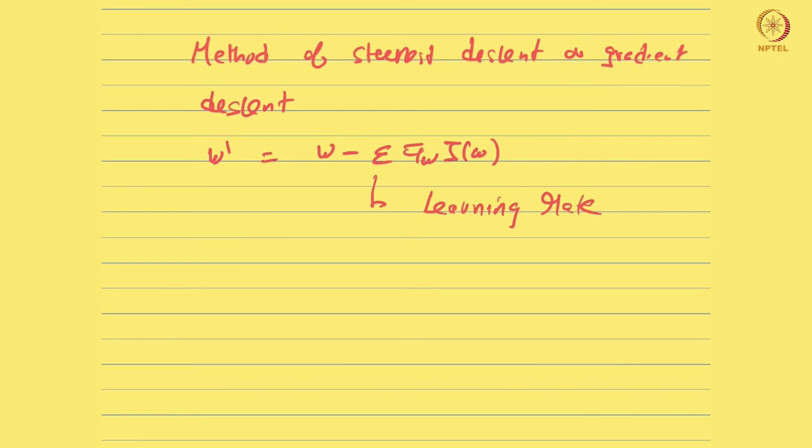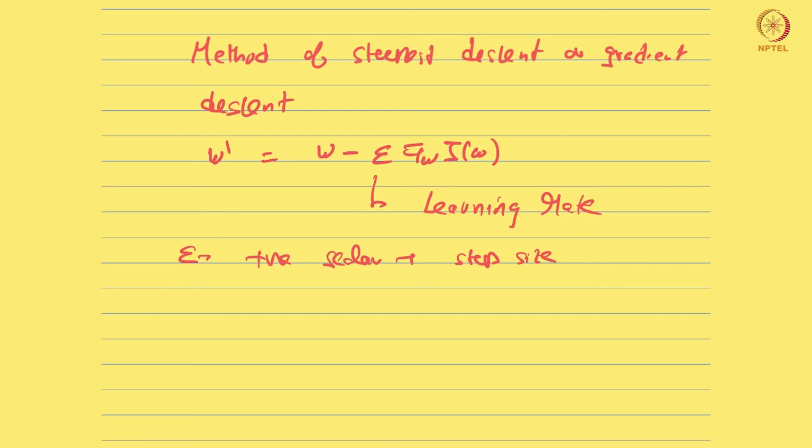We have already used lambda, so I'm refraining from using lambda. People can use beta or some other letter. Epsilon is a positive scalar, some number, which is basically your step size. It constrains how big a step you can take.